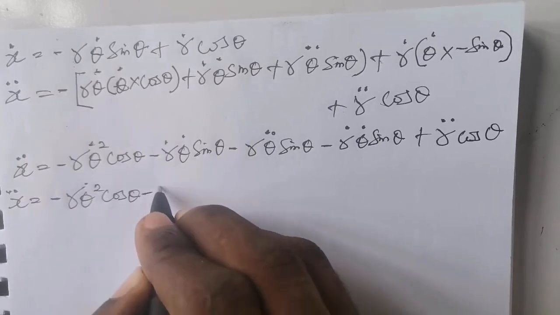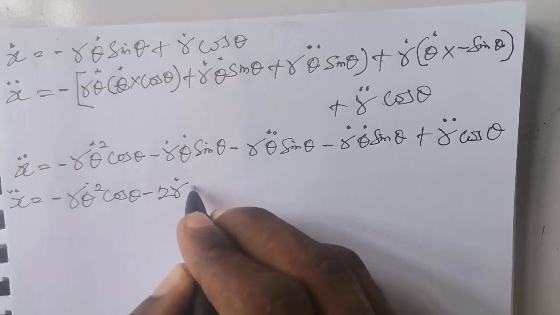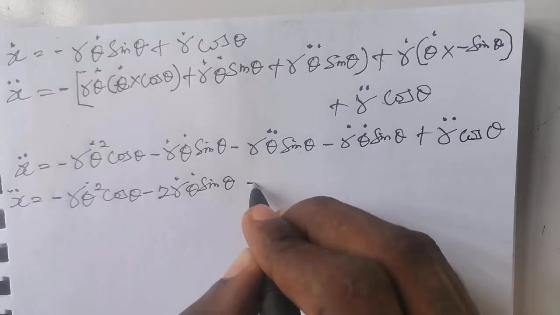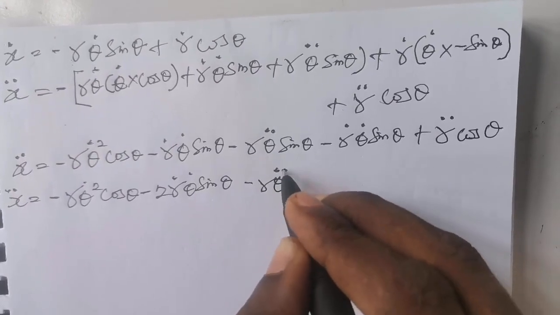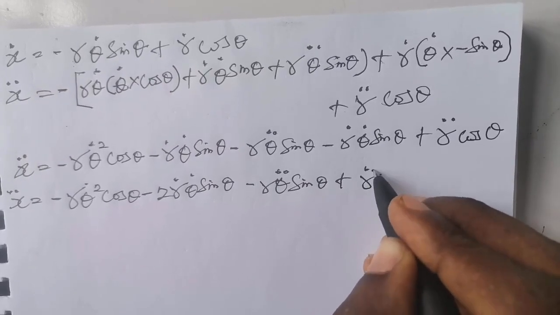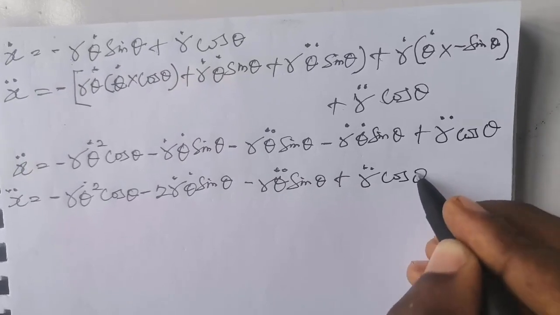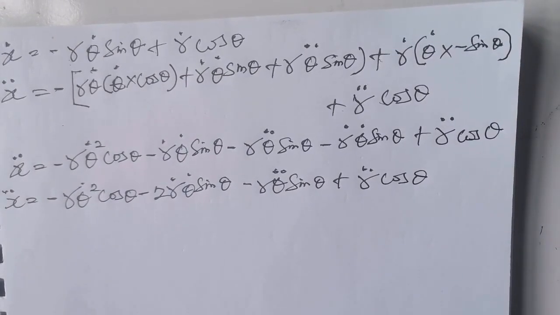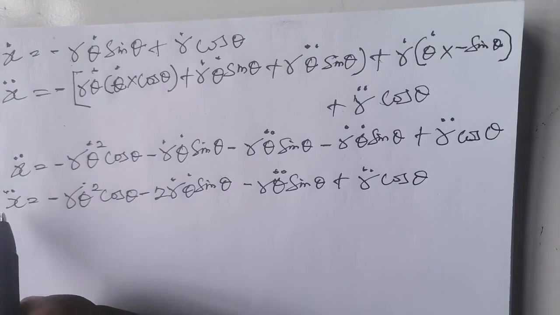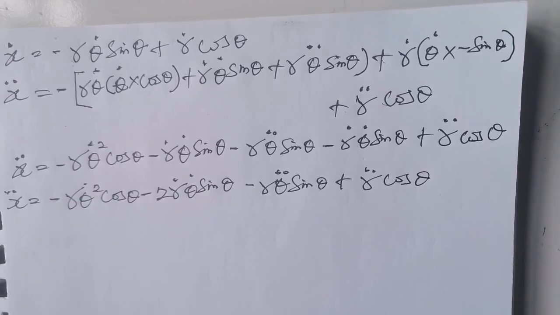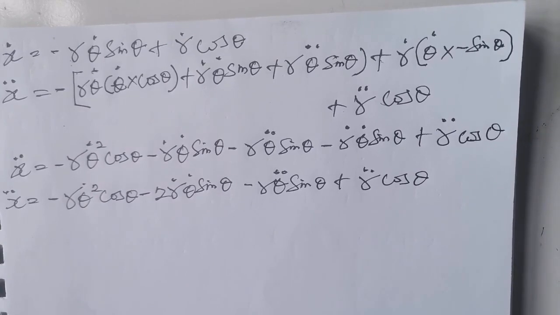This gives us minus 2 r dot theta dot sine theta, okay, minus r theta double dot sine theta plus r double dot cos theta, and we have this. So let's pick out the values. So now we know x double dot and we know what x dot means. We can plug in the values given to us in the question and find a real value for x double dot and x dot. Okay.